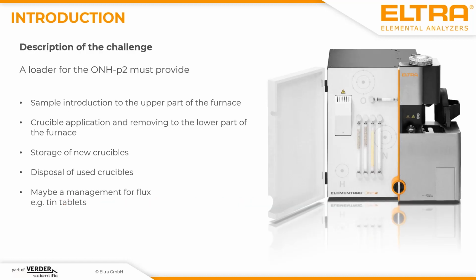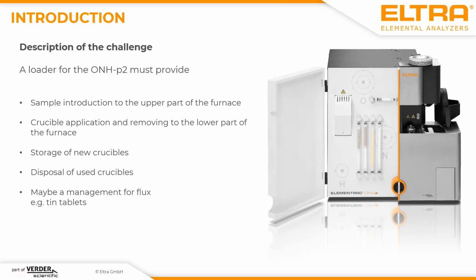In the beginning, I would like to describe to you the general challenge of developing an autoloader or using an autoloader for an oxygen, nitrogen, and hydrogen analyzer. For this kind of inert gas fusion analyzer, it's a little bit more complicated to work with an automated analysis because we have to provide different things and we have to find solutions for, I would say, technical challenges.